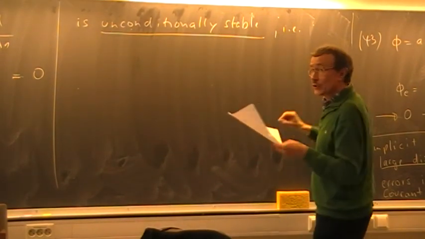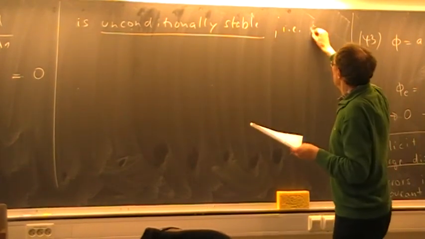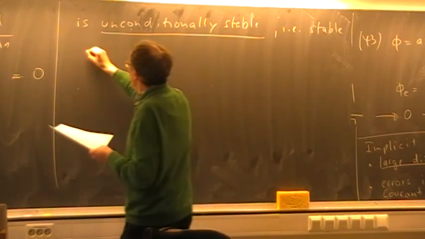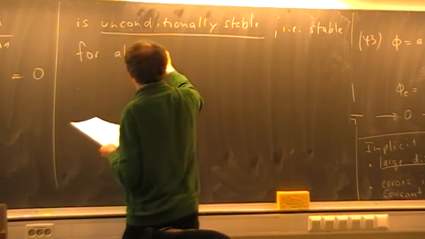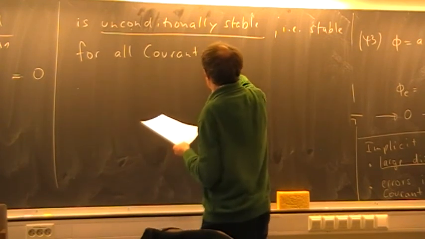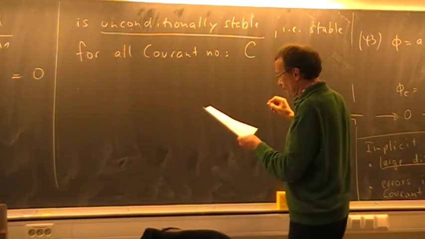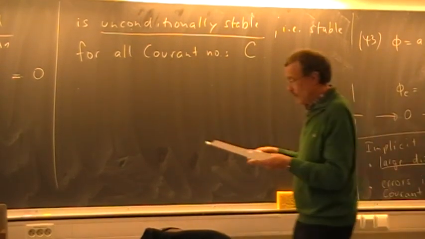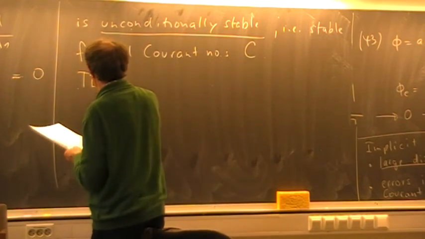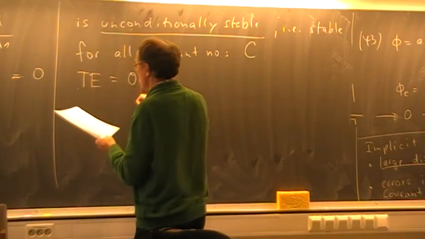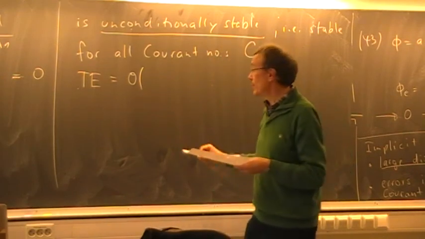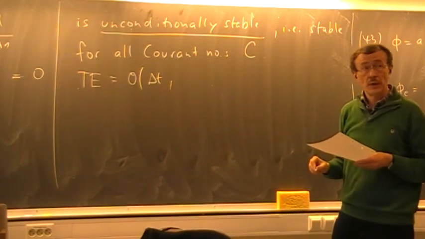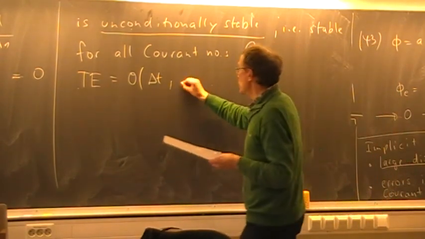In that case, we can take any Courant number, and it does not distinguish whether C is positive or negative. And if you do the analysis for the truncation error, you will find, since it uses the implicit Euler method, it is first order in time, but since it uses second order differencing, it is second order in space.